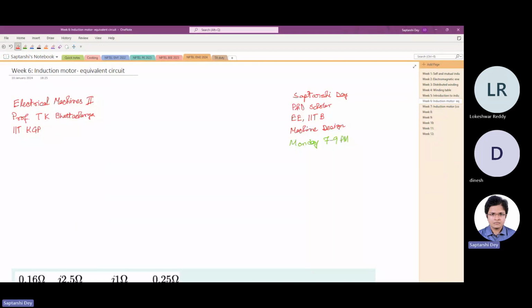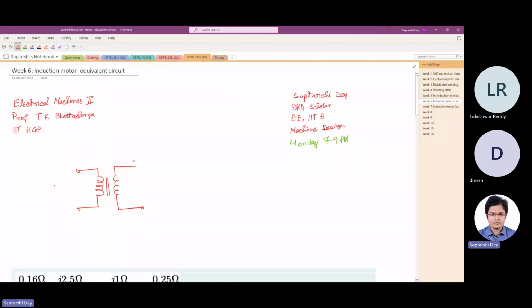Just one remarkable feature of induction motor, you will see that induction motor is nothing but a transformer. Can you just confirm once that you can hear me? I'm talking for quite a long time now. Yes, sir, it is audible. Okay. And you can see my screen also, right? Yes, yes. Okay.